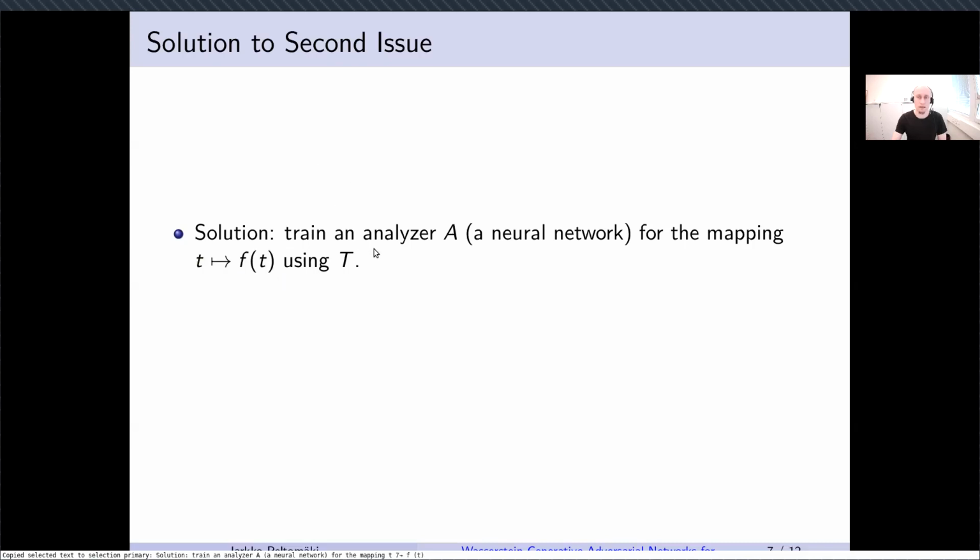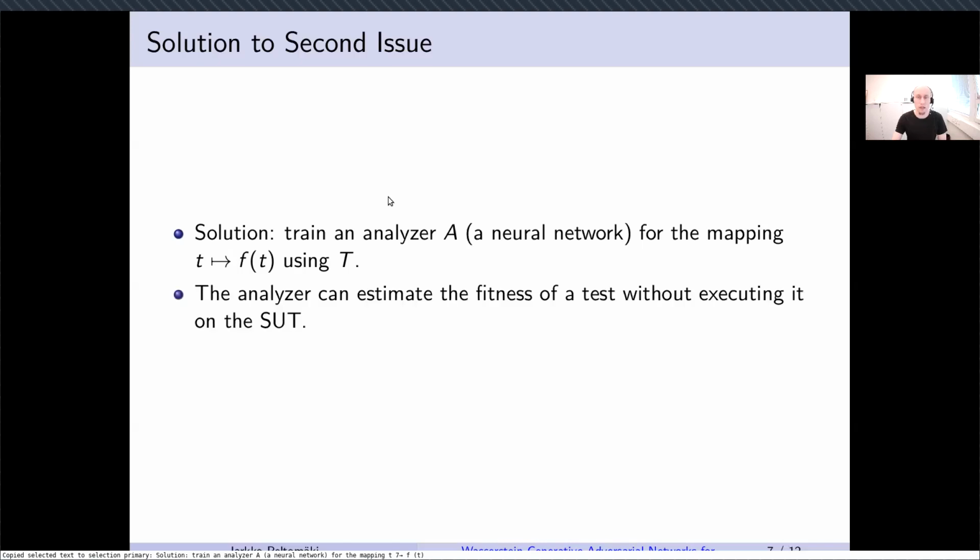We have data for that, so we can do it. Once the analyzer is trained, it can estimate the fitness of a test without executing it on the system under test. Of course, it might not be perfect, but even some partial information is good here.